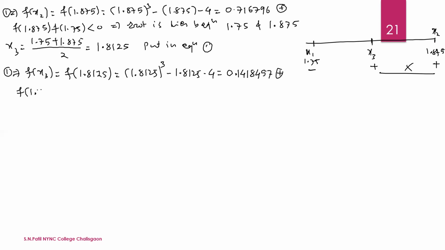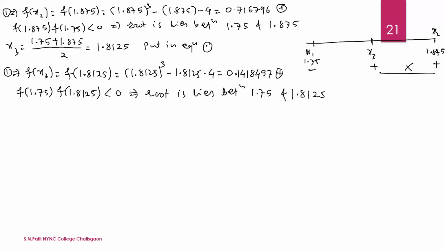Their product is definitely negative. f of 1.75 into f of 1.8125 is negative. That is, the root lies between 1.75 and 1.8125. Okay, now we bisect this.